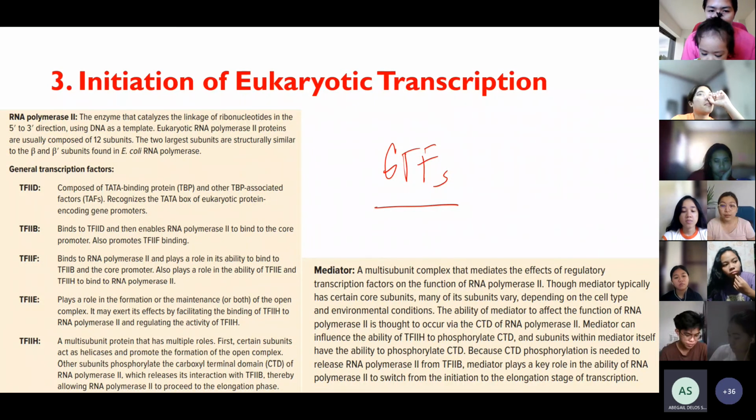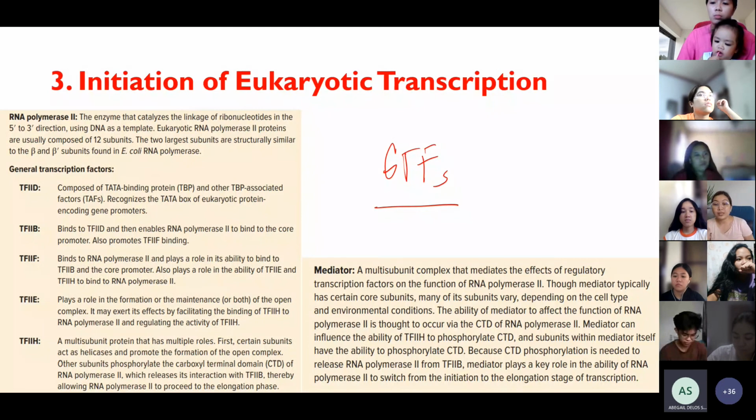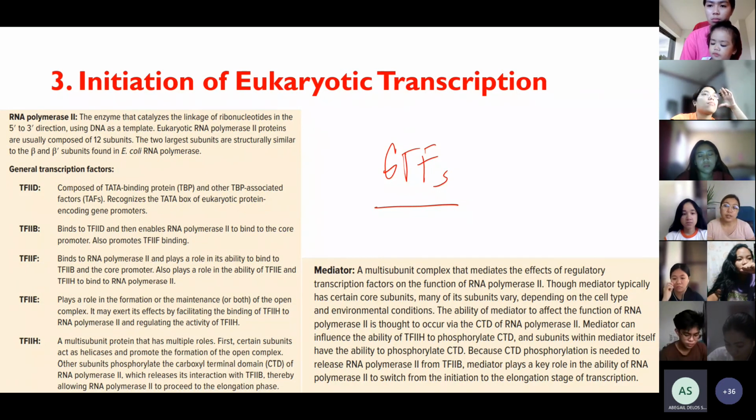Here we have a series of interactions that lead to the formation of the open complex. Basically the process is the same, but it is more complex in eukaryotes because there are more factors involved. You have these general transcription factors. First, TFIID, the transcription factor IID, would bind to your TATA box to play a role in recognition and promoting the core.